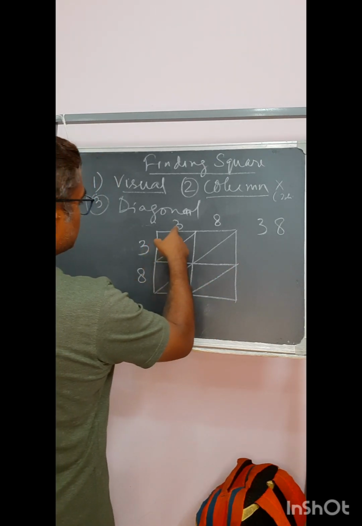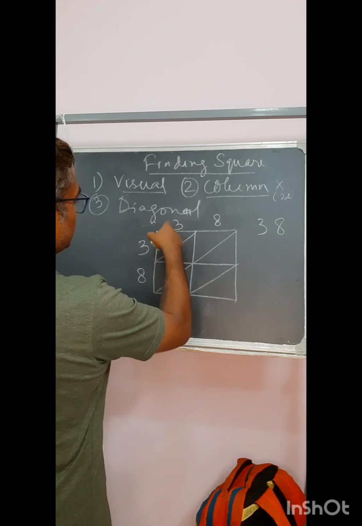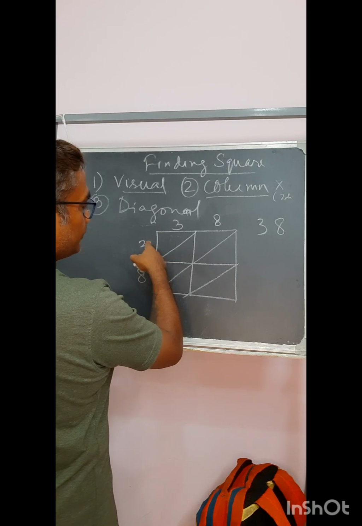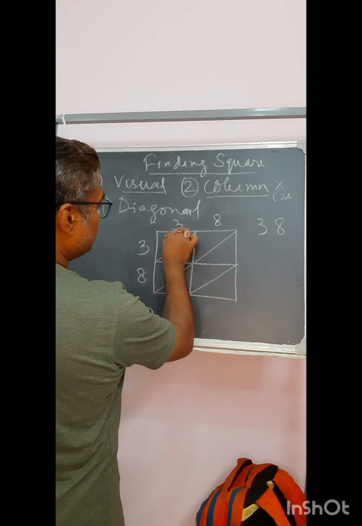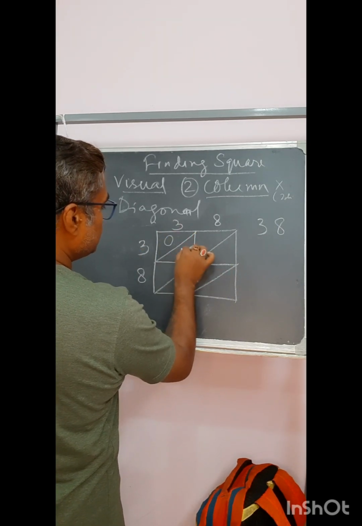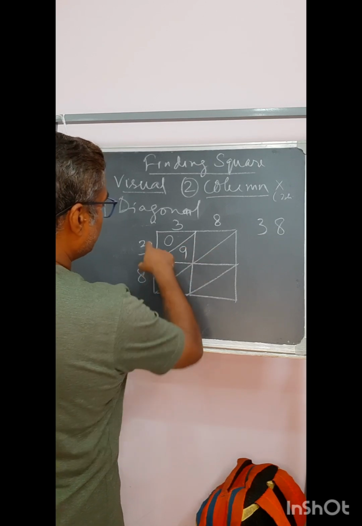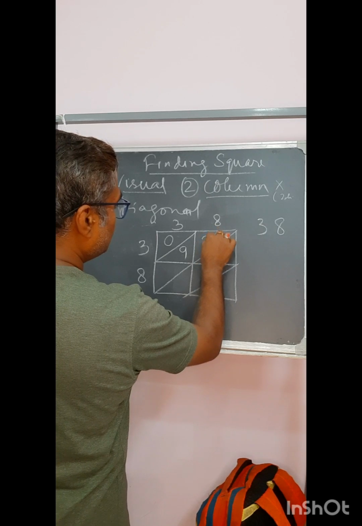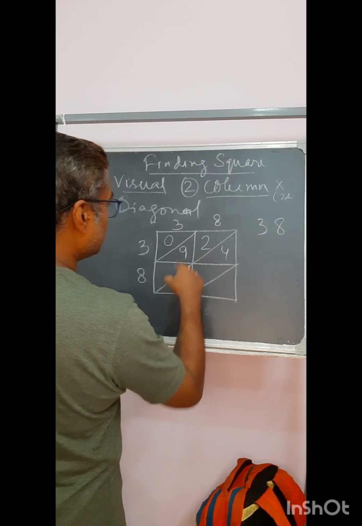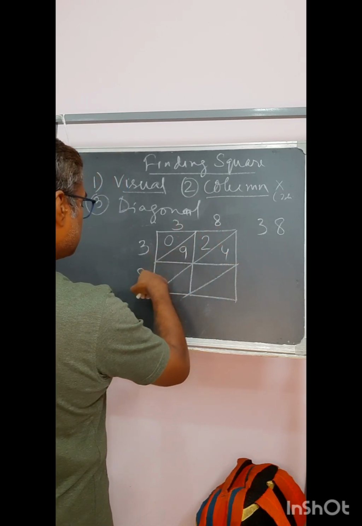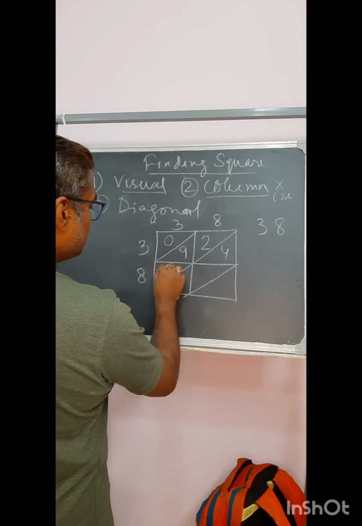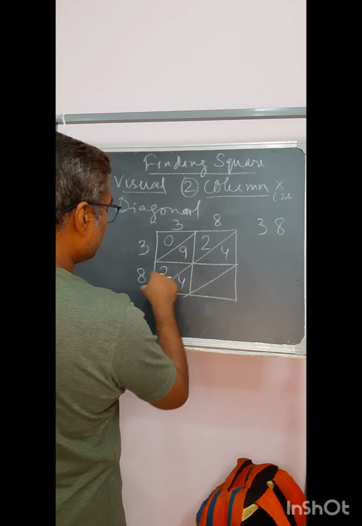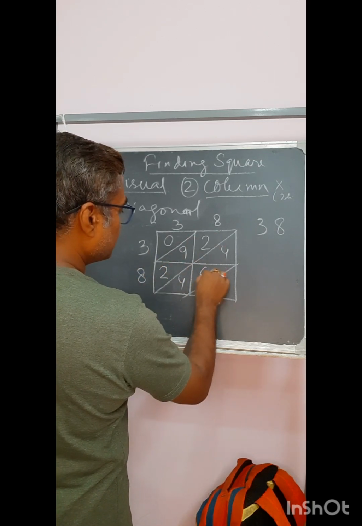In the first two numbers, this will become the multiplication of these two. 3, 3, 9. So 9 has one digit, so the first place will be 0, second place will be 9. Now I multiply these two. 3 8s are 24. So 2 will be there, 4 will be there. Now I multiply with this 3, 24 again. So this will be 2 here, 4 here, 8 8s, 64.